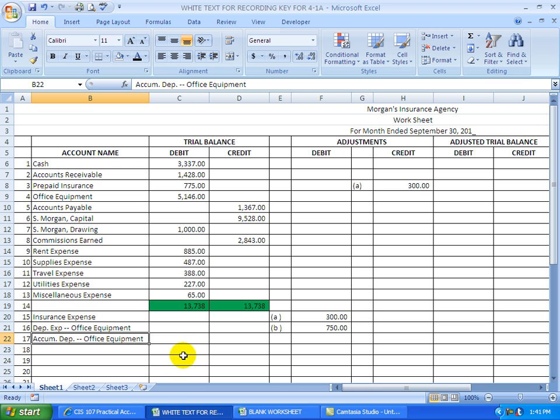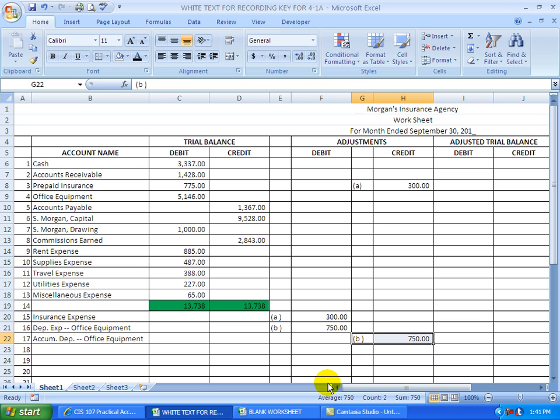It's a brand new account, and it's a contra asset, so assets are plus minus, contra assets are minus plus. So this account is going up by $750, and so the plus side of that is the credit side. So here's your B debit right here, here's your B credit right here, and they equal each other.